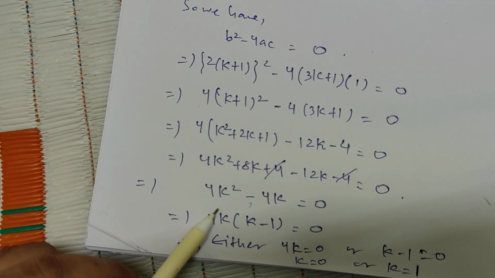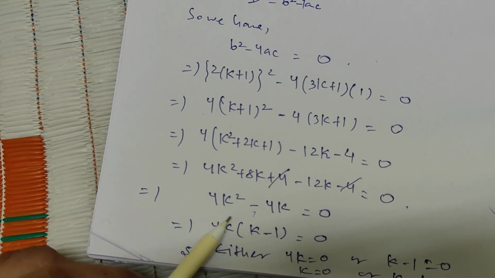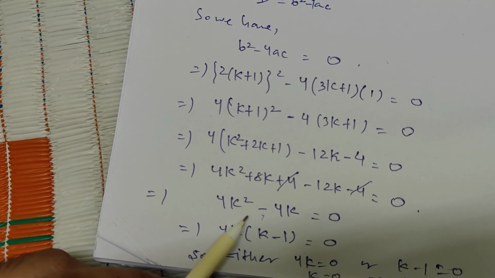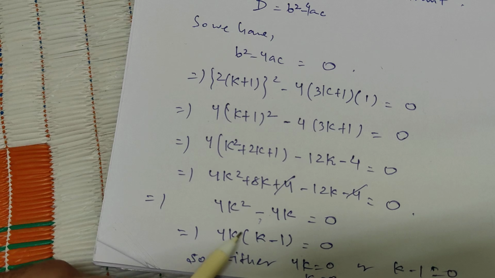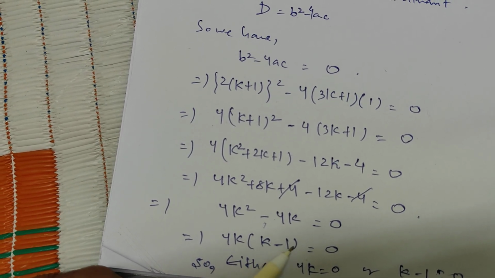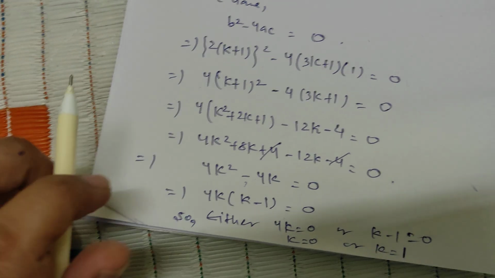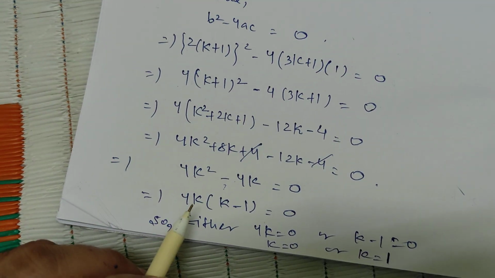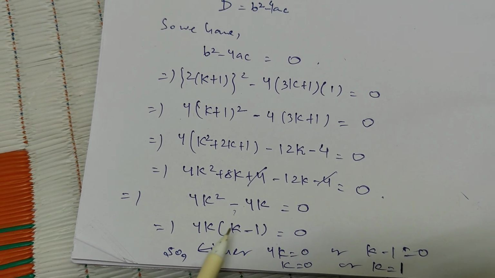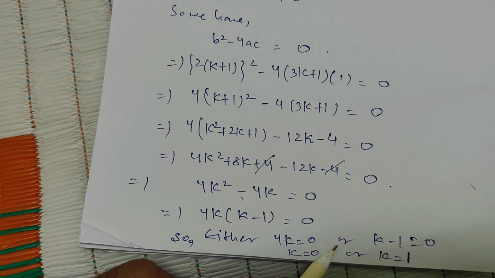Then we have to take the maximum common factor from the given terms, that is 4k. As we have taken 4k common from the equation, the remaining portion is k minus 1 equal to 0. Now 4k times (k minus 1) is equal to 0, which is possible only when either 4k is equal to 0 or k minus 1 is equal to 0.